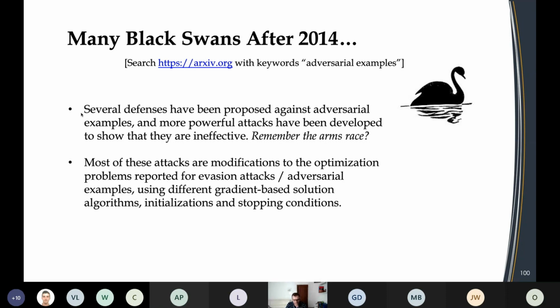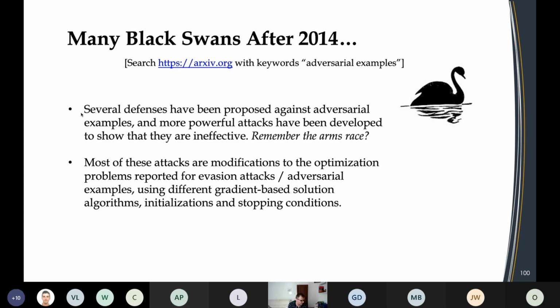But essentially, the main ideas behind all these attack variants are always the same. Namely, you compute a gradient and then you try to follow this path to optimize the perturbation. So many of these attacks are still based on heuristic solutions or on gradient descent.